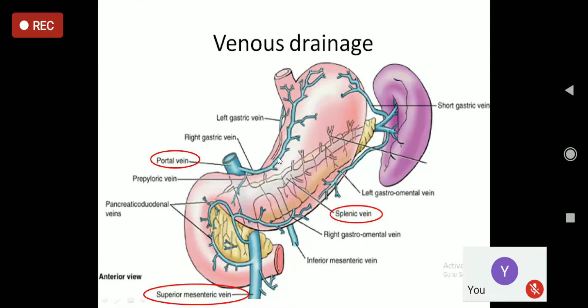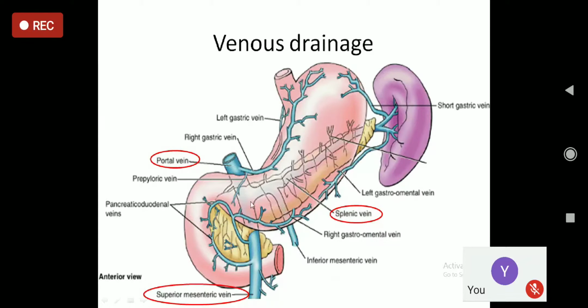The left and right gastric veins drain directly into the portal vein, while the left gastroepiploic, right gastroepiploic and short gastric veins drain indirectly, because the first two drain into the splenic vein, while the right gastroepiploic vein drains into the superior mesenteric vein. This superior mesenteric vein and splenic vein unite to form the portal vein.